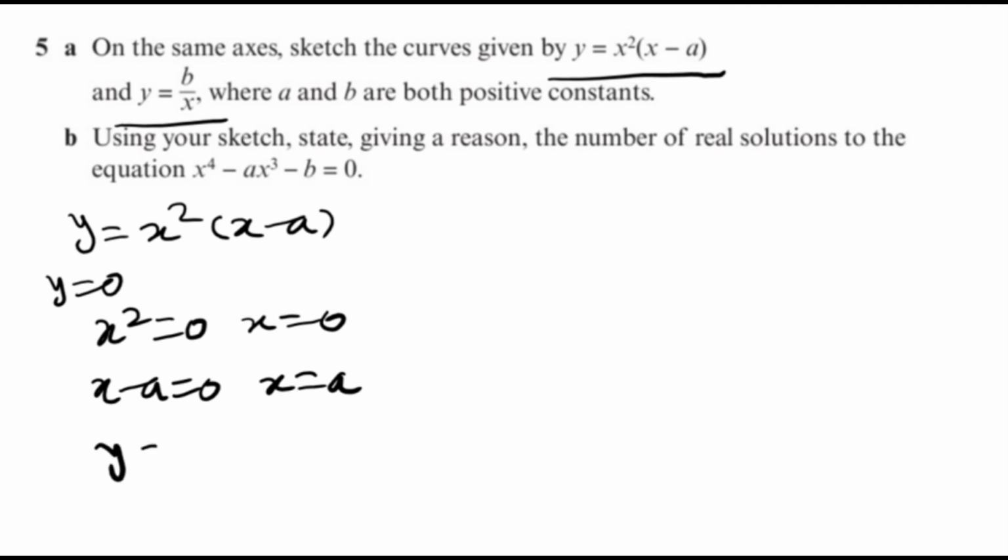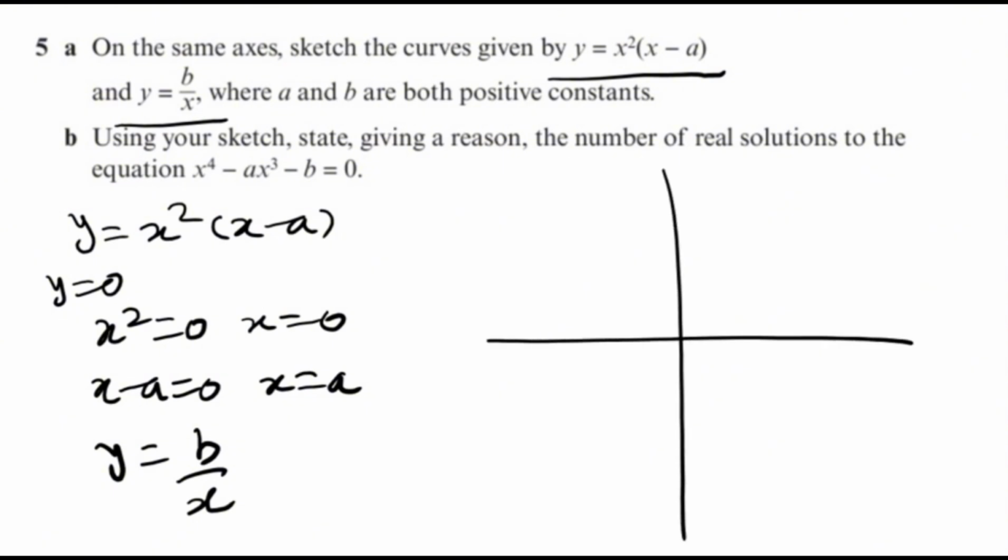And for y is equal to b over x, it's a reciprocal graph, and it's a positive reciprocal graph. Let's sketch here. So when you sketch the graph, this is the x-axis, this is the y-axis, this is point 0, this is point a.